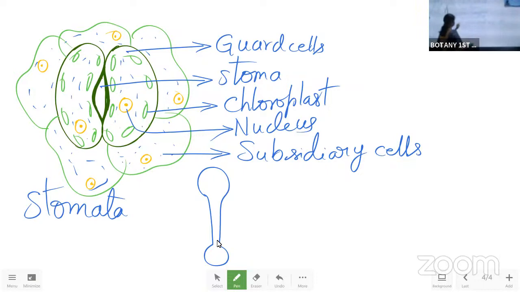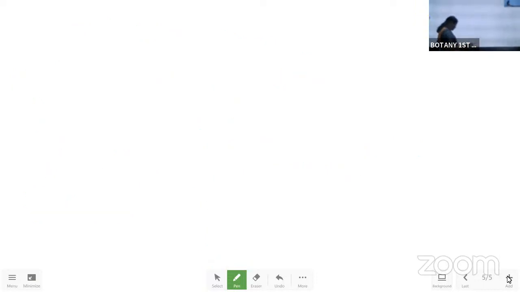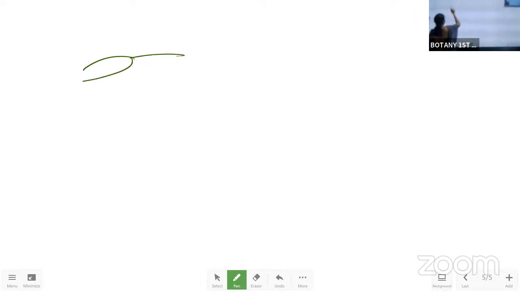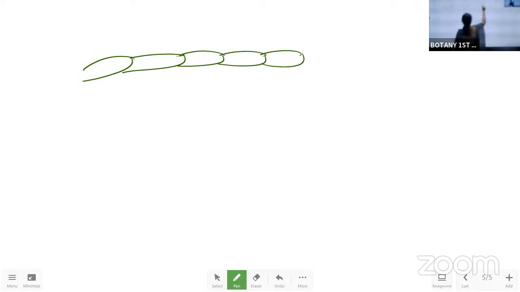Now comes the question: how do those differ from the epidermal cells? Epidermal cells are thin-walled parenchymatous rectangular-shaped cells placed without intercellular spaces.